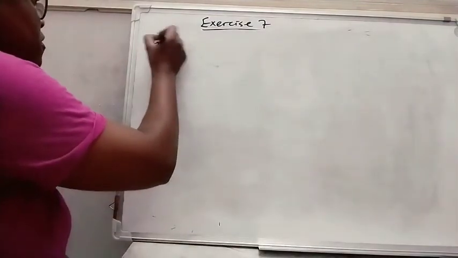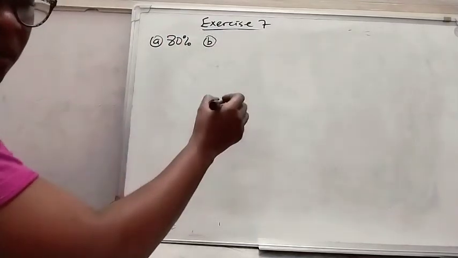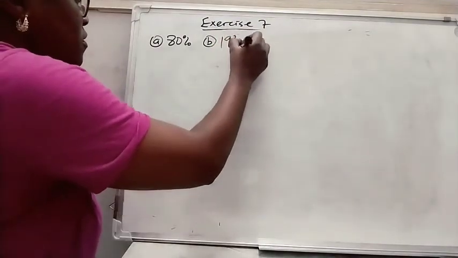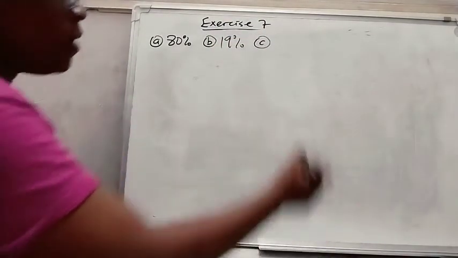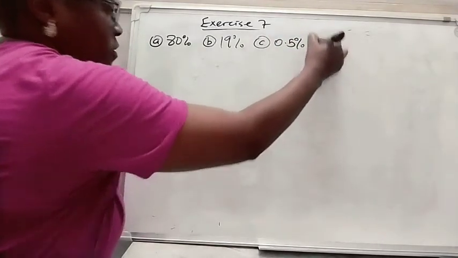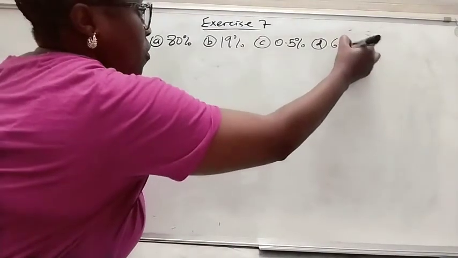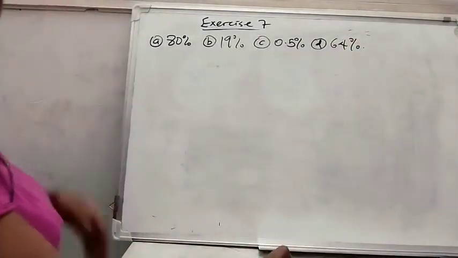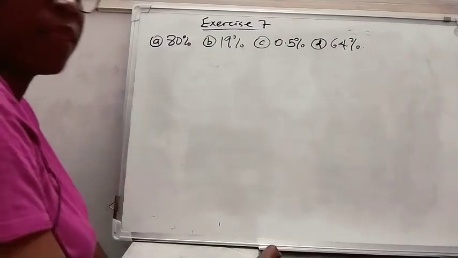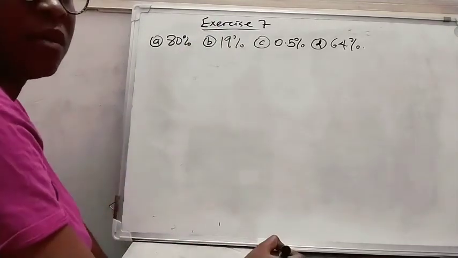A is 80%, B is, let's say, 19%, C is, let's say, 0.5%, D is 64%. Okay, so convert these to decimals.